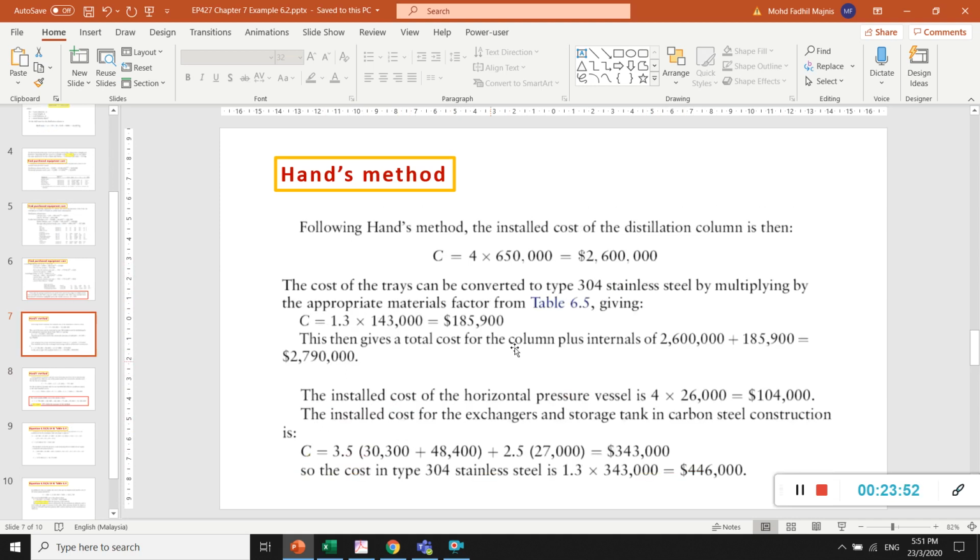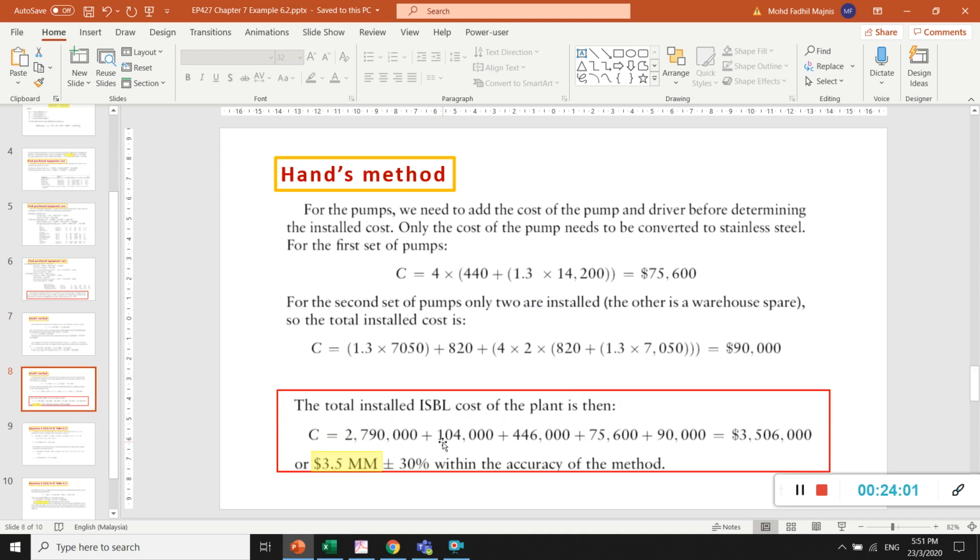So we take all the totals and then we sum all the totals, and what we get is the total installed ISBL cost of the plant. It's around 3.5 million. So this one is the first order of magnitude, that's why plus minus 30% accuracy.